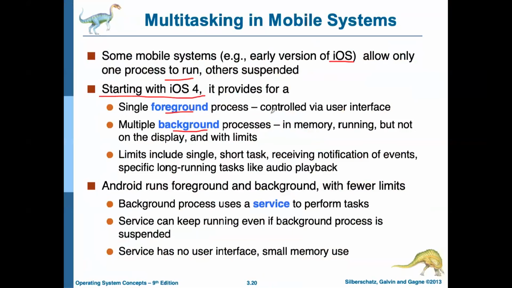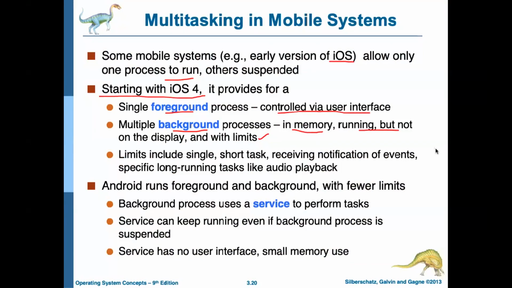The foreground process is controlled via the user interface. Background processes are in memory and running, but not on the display, and with limits. Limits include single short tasks, receiving notification of events, and specific long-running tasks like audio playback.